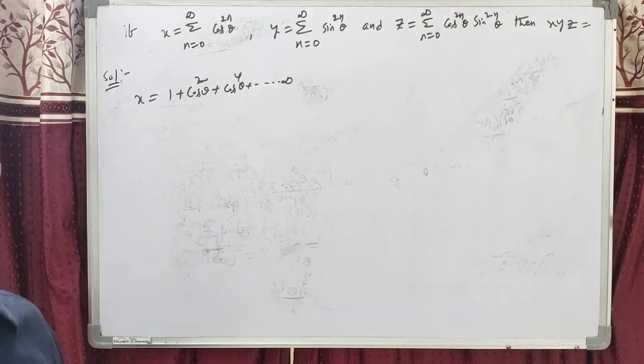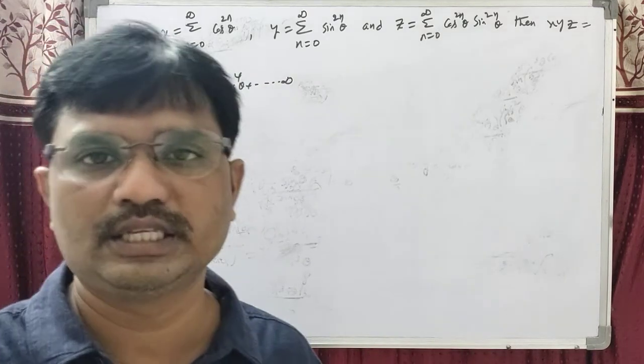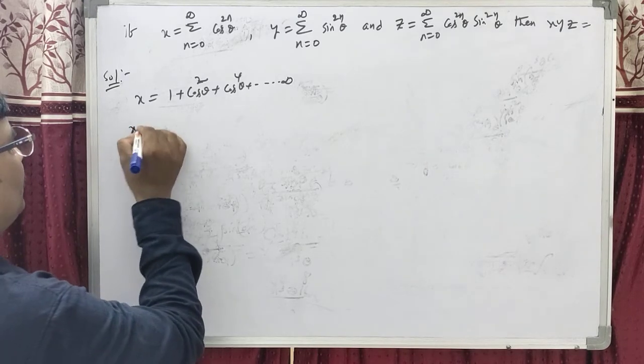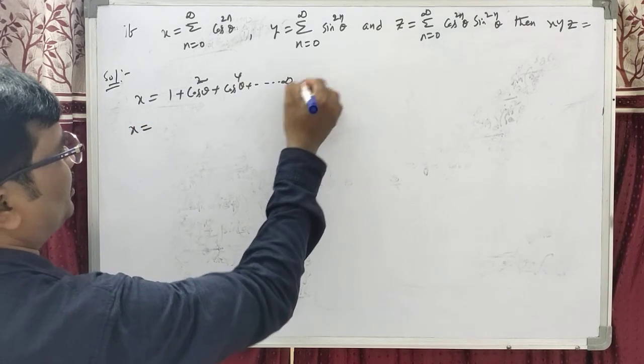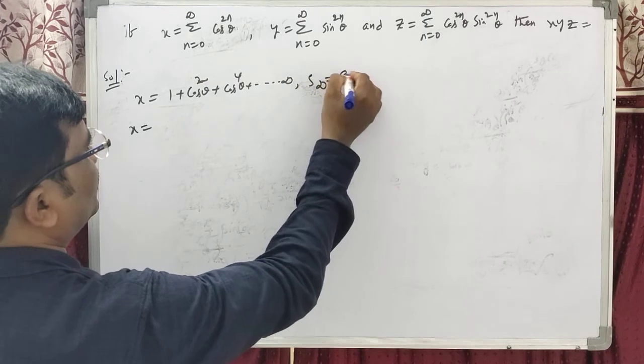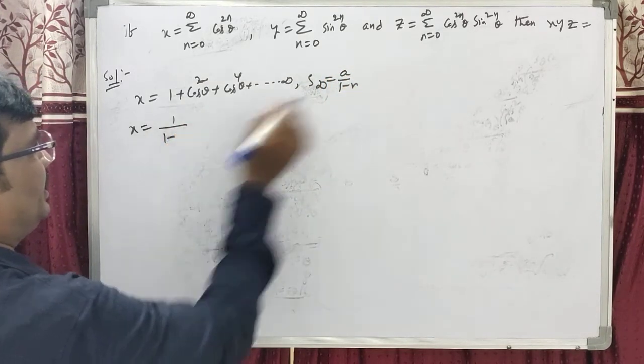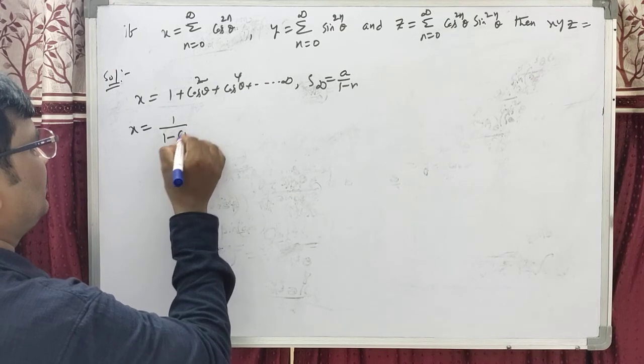Dear students, we can observe that this is an infinite GP. For the sum to infinity, we have to know it is a by 1 minus r. Here a is 1, and r is cos square theta.